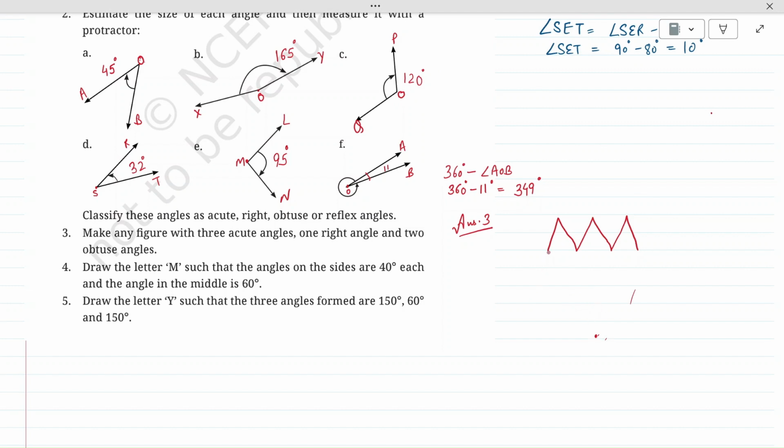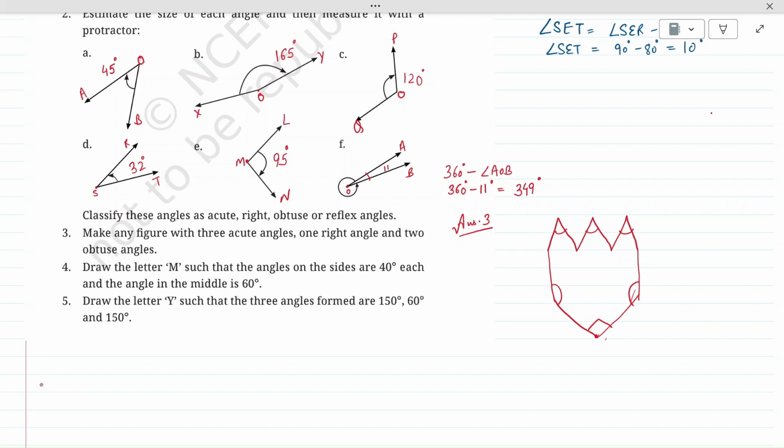So what I can do is make something like this and this, right? And if I join these two, this will be an obtuse angle, right angle, and these are the 3 acute angles. Okay, so we can make this figure, and you can also label the points.